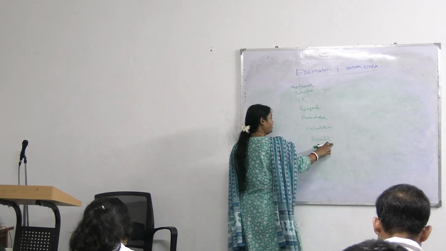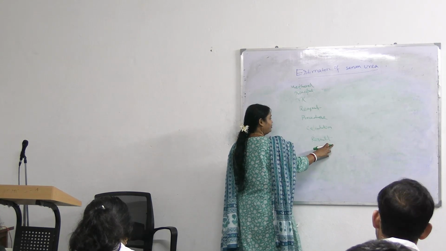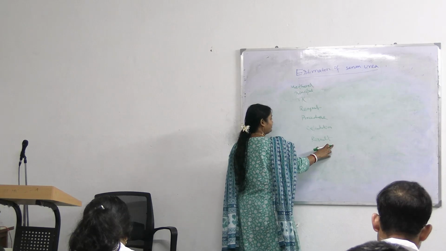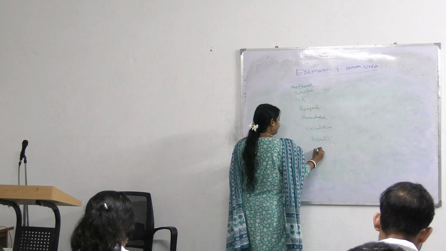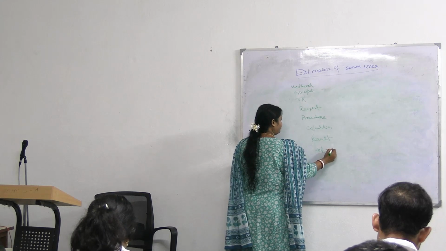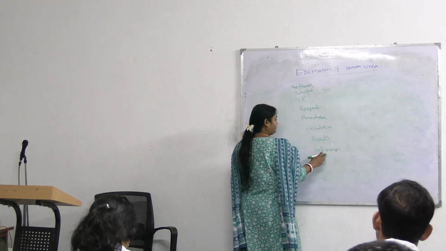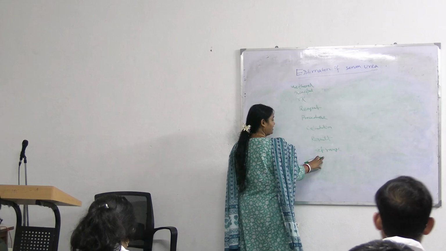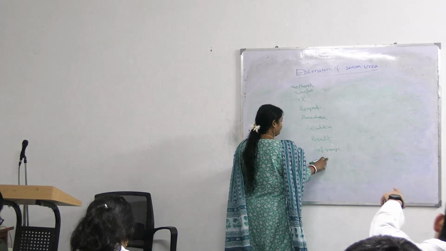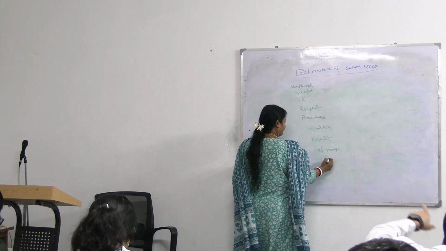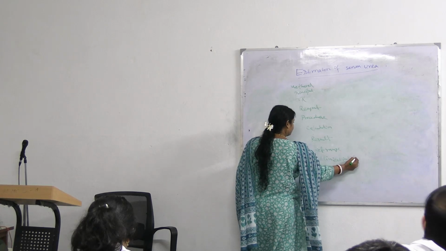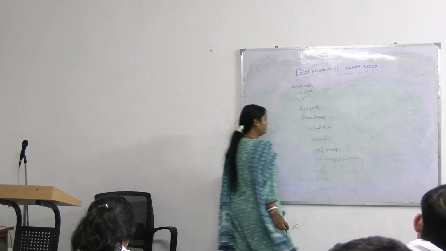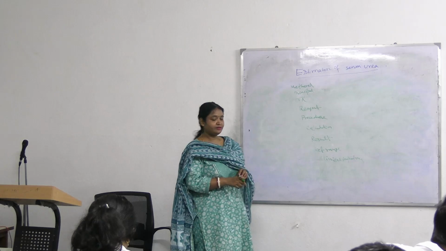This is very important, and be careful not to write concentration as absorbance or absorbance as concentration. After the result, you can give the reference range that I have told: 14 to 40 milligram per dl in serum, and 20 gram per liter in urine. Then you will give clinical importance. So write like that.